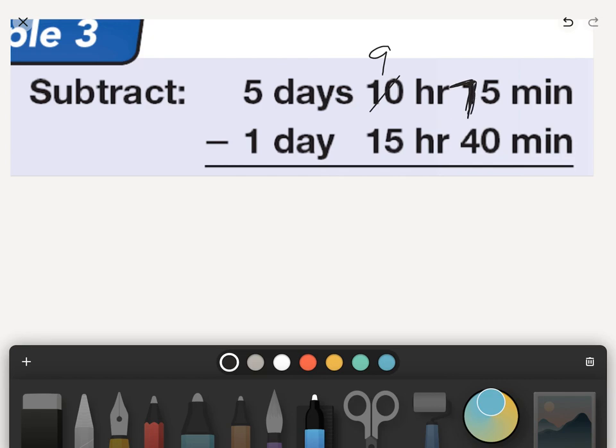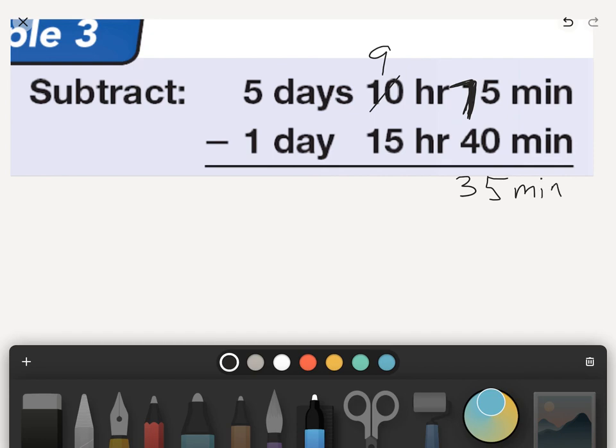I'm adding 60 to my 15, I should say. And so now, it's still the same amount of time that's represented there. Just I've got 75 minutes there and 1 less hour in my hours column. You'd still add up to the same number of minutes. And so now I'm going to do that part out. Okay, so I'm going to go 5, and then that's going to be 35 minutes.